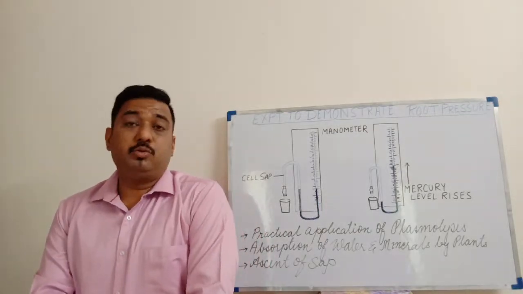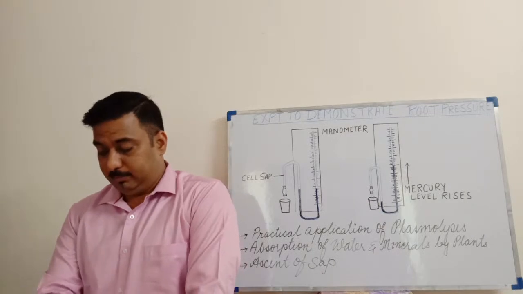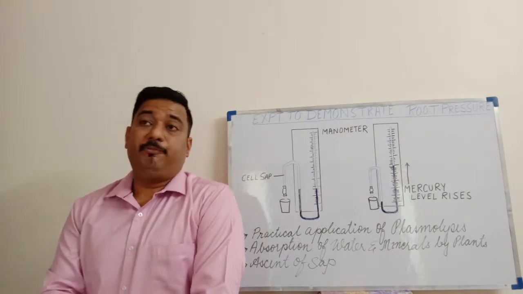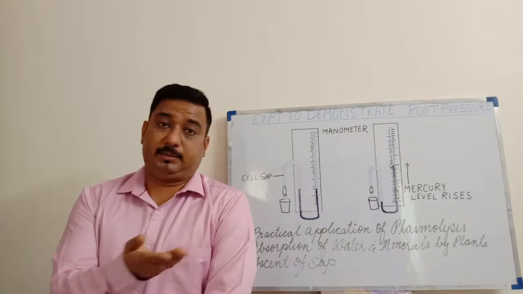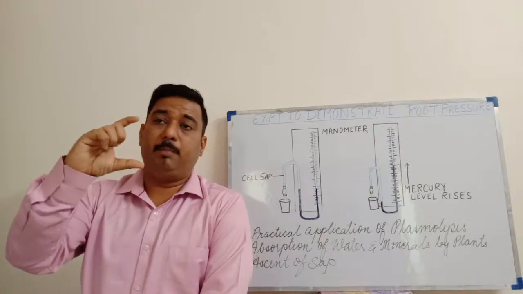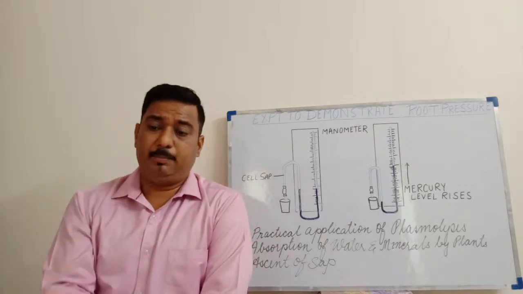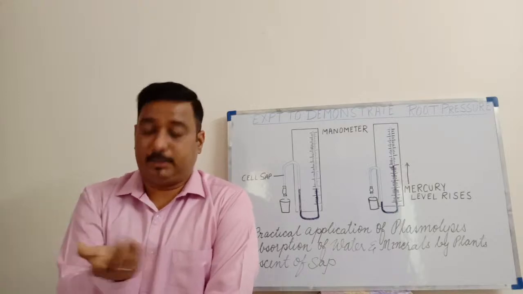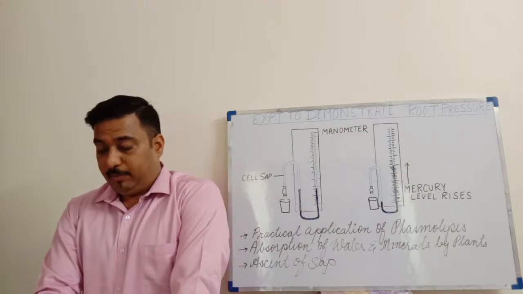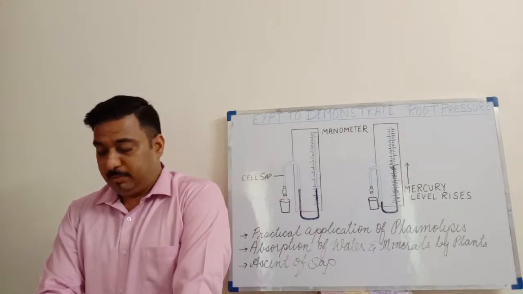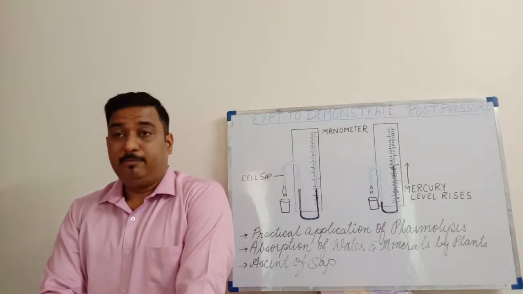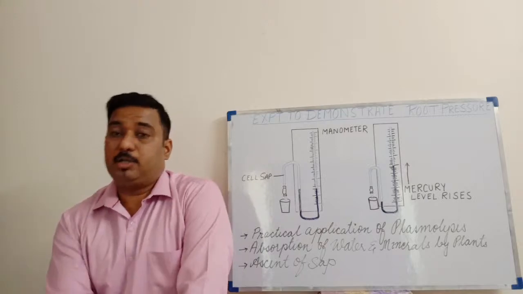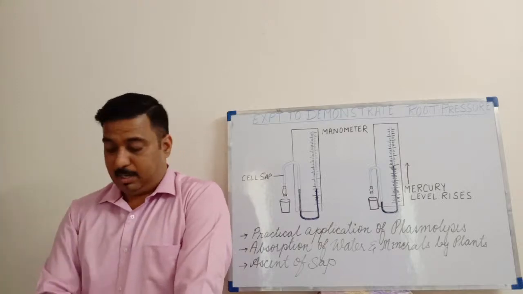So what are we supposed to do? We have to take a well-watered potted plant and cut it, leaving a little amount of stem from the base. It is not cut at the base, but just above the base. When a well-watered plant is cut a few centimeters above the soil, what happens? Water will start to ooze out from that part.